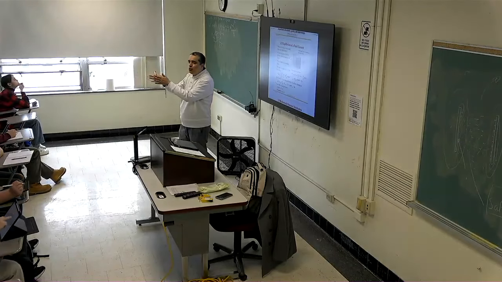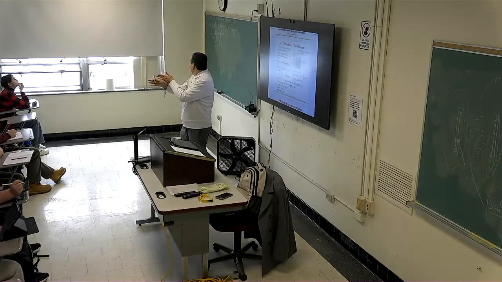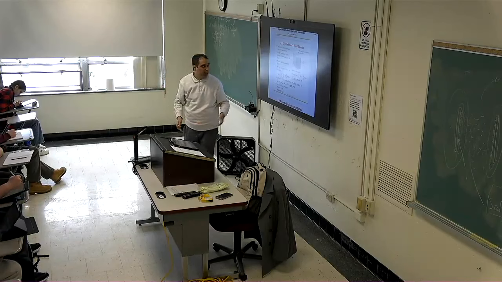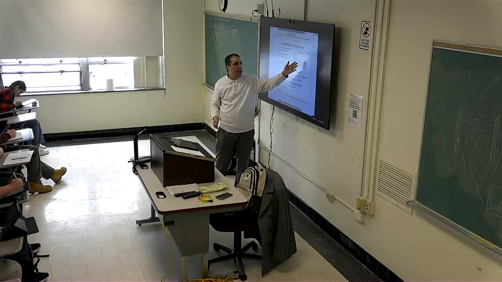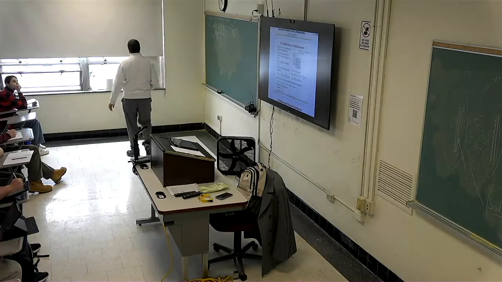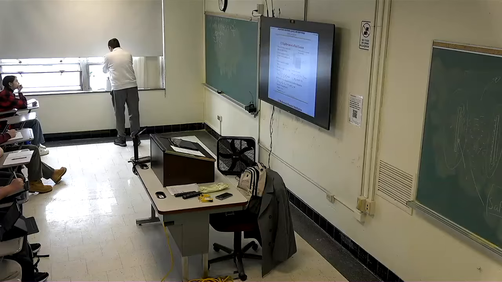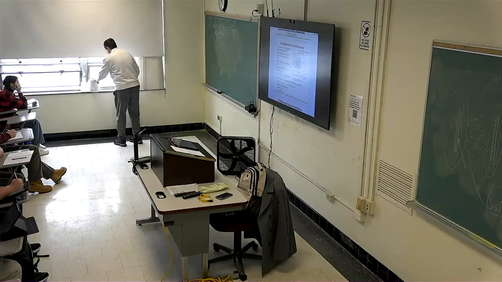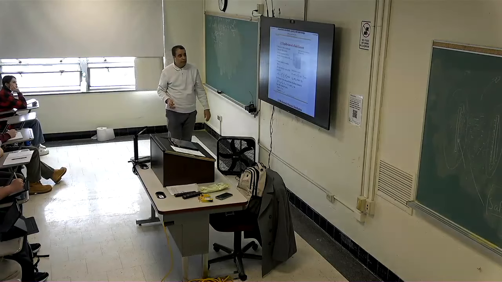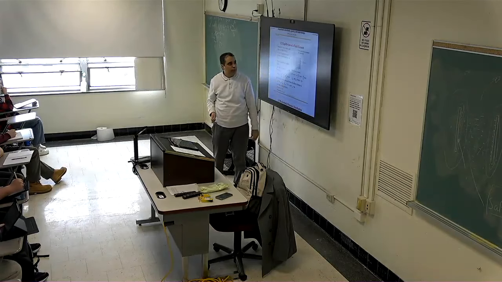The element is so small. Pressure on the left is P1, and pressure on the right is P2, which is P1 plus partial P partial y times dy. We can use Taylor expansion to obtain pressure on the right. Okay, so it is our pressure.